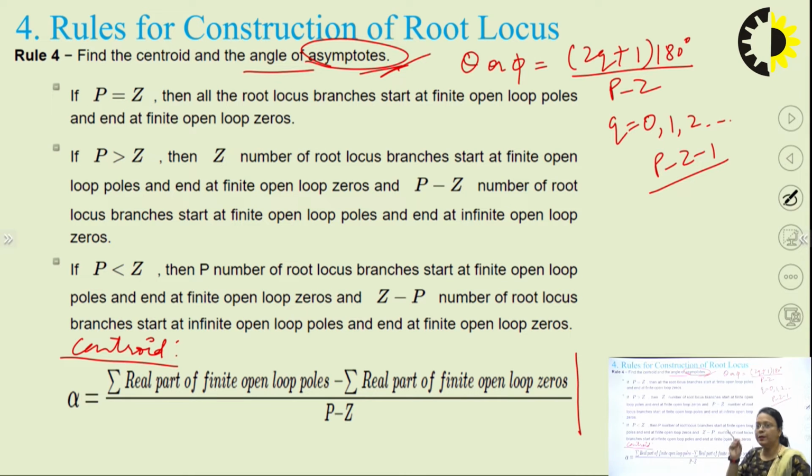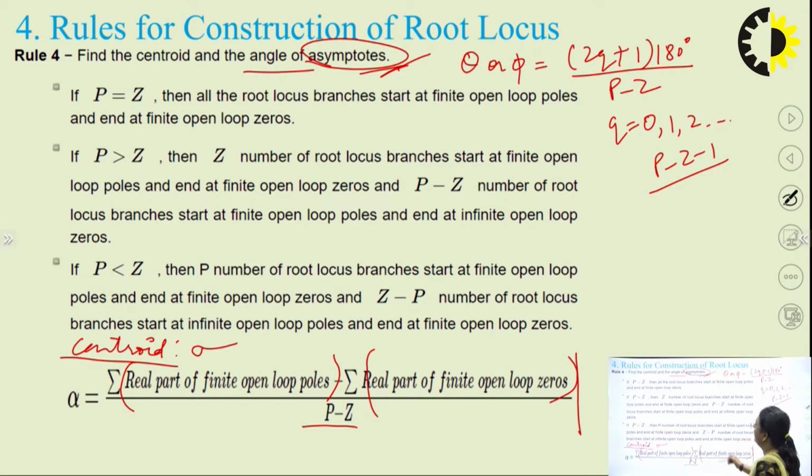Centroid is the point from which we can plot the asymptotes on the root locus graph. The formula for the centroid, represented by alpha or sigma, is the summation of the real parts of finite open loop poles minus the summation of the real parts of finite open loop zeros, upon p minus z.